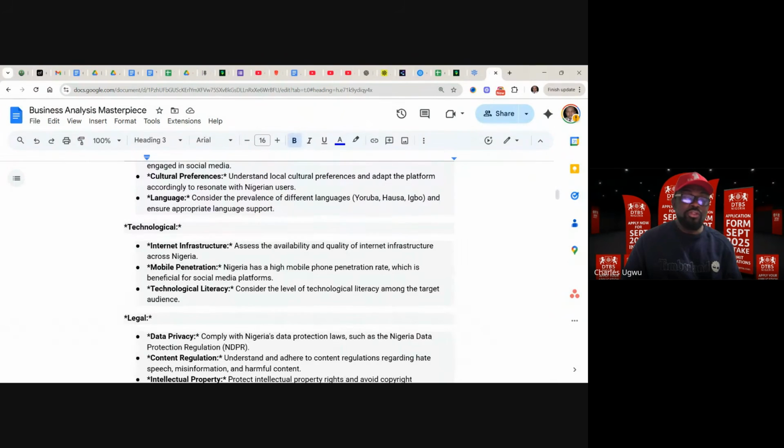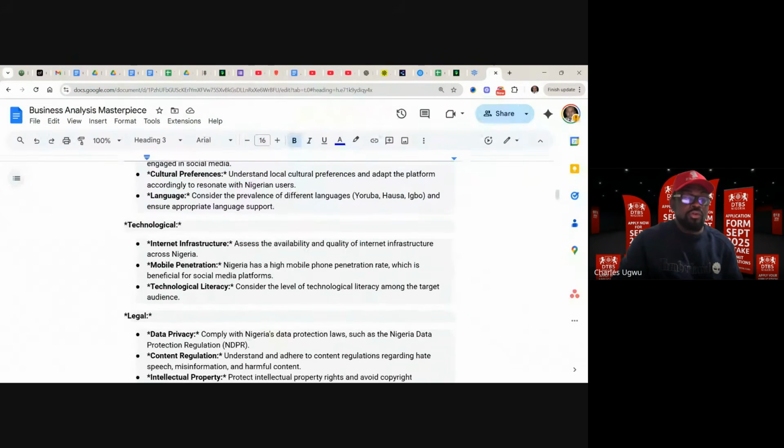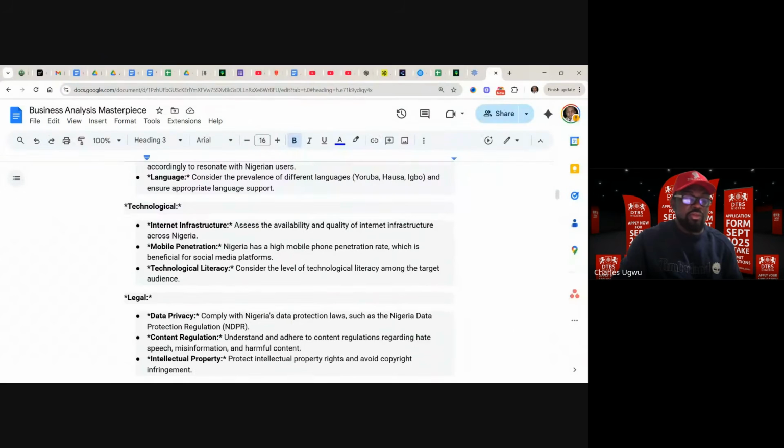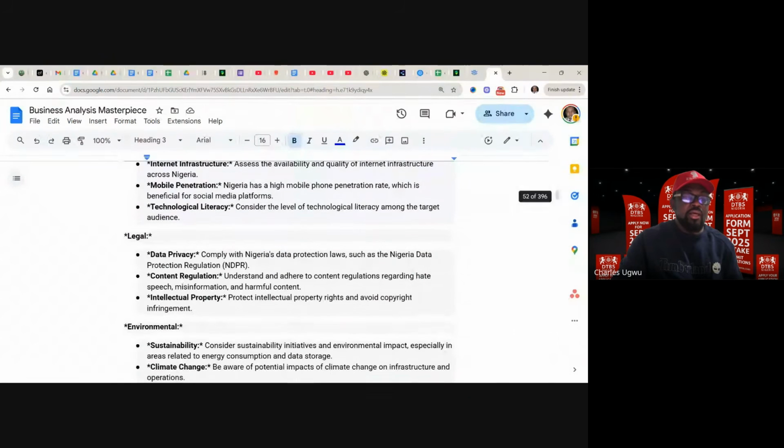Secondary school, almost everybody in secondary school these days has got a mobile phone. Unlike those days when we were in the university, so many of us did not even have the opportunity to use a mobile phone. So there is high technological advancement, and legal data privacy.